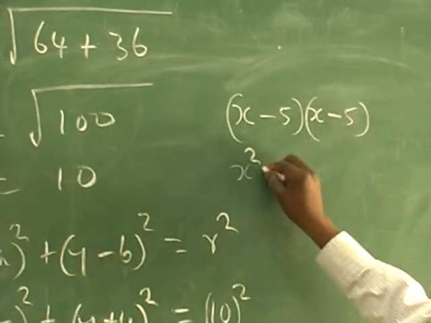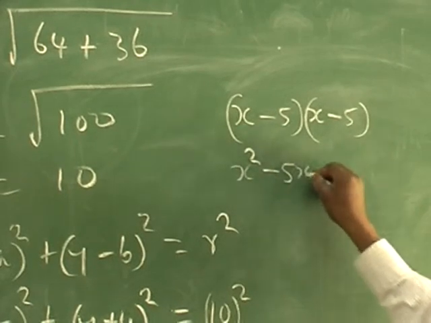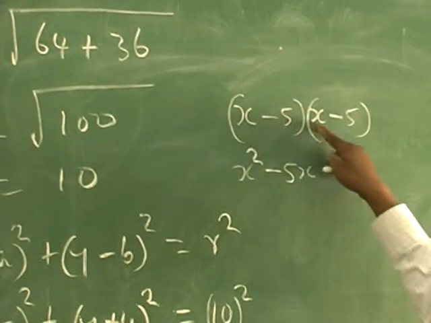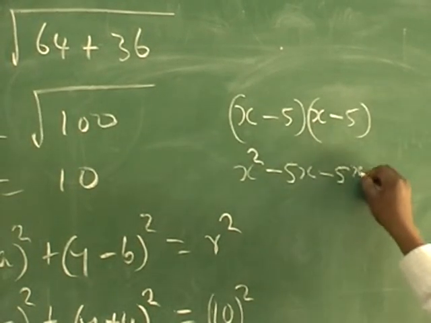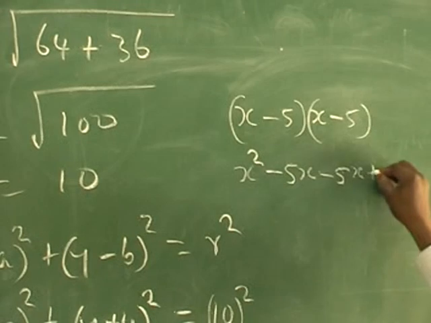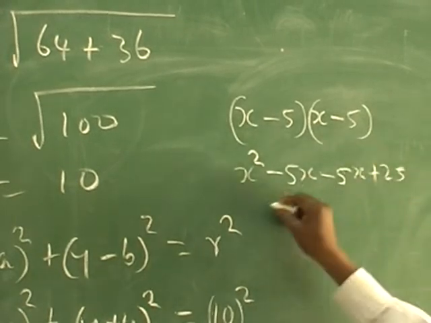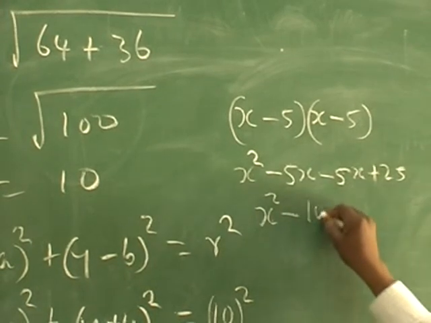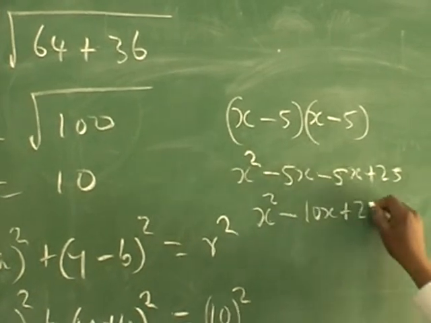X times minus 5 will give you minus 5x. Minus 5 times x will give you minus 5x. Minus 5 times minus 5 will give you plus 25. So you can see that we have x squared, minus 5x minus 5x gives minus 10x, plus 25.